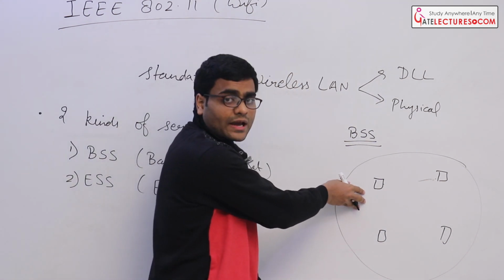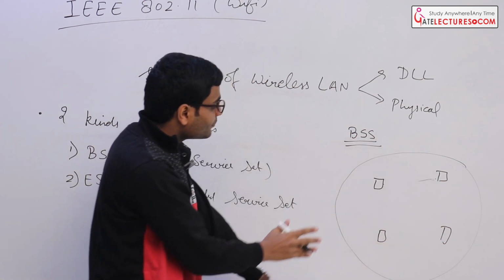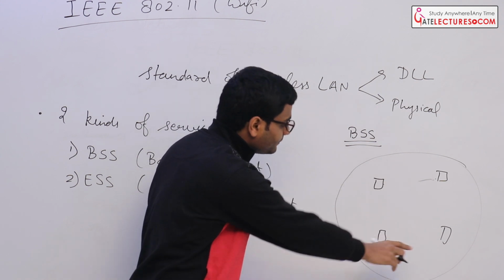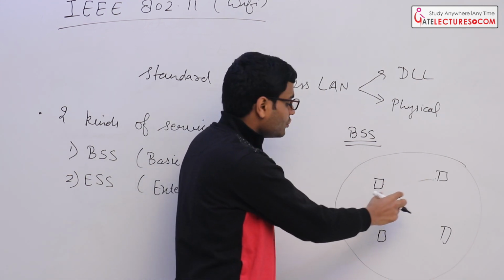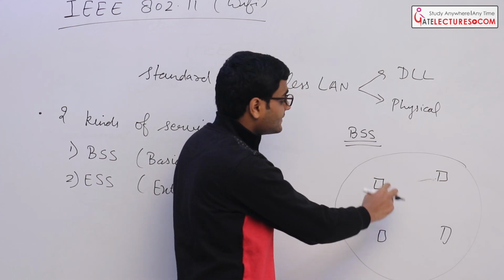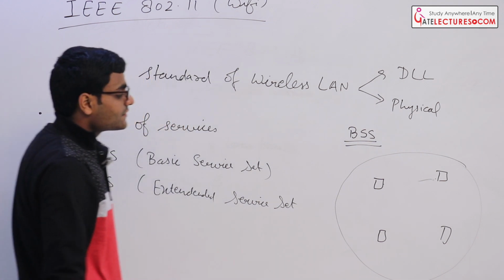These stations can be mobile or stationary. This station covers the range in this circle, so it can communicate wirelessly within this set. So this forms a basic building block, or BSS.